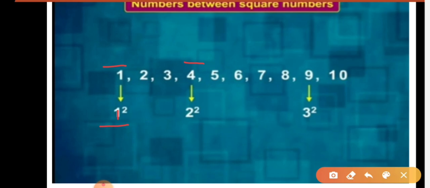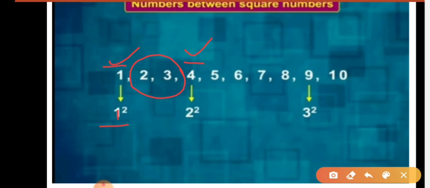You have to find how many consecutive numbers lie between two square numbers. So here, two non-square numbers lie between these square numbers. Okay, now how you can find it? There is one formula also, we will see it.